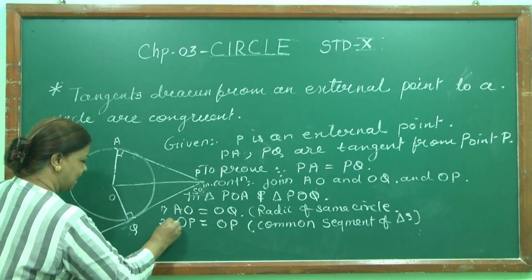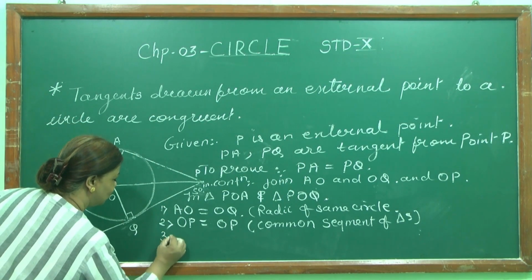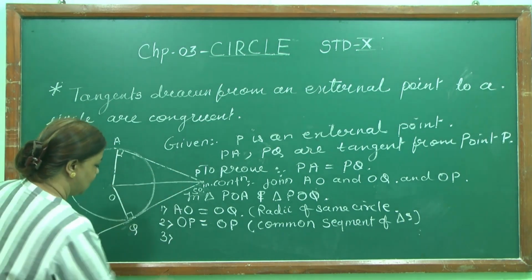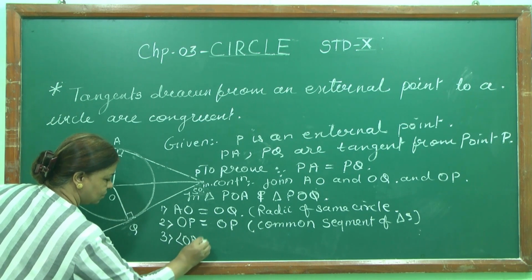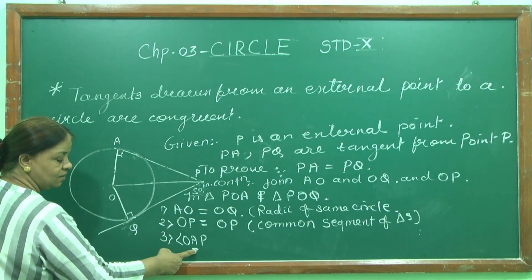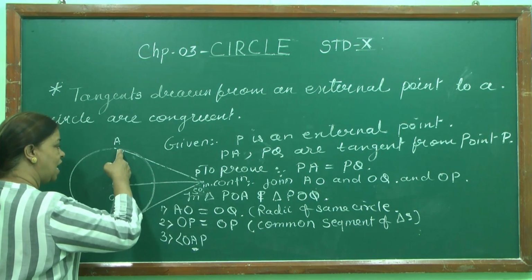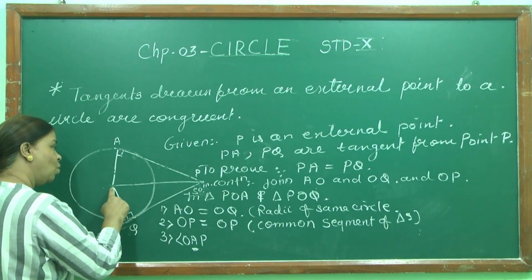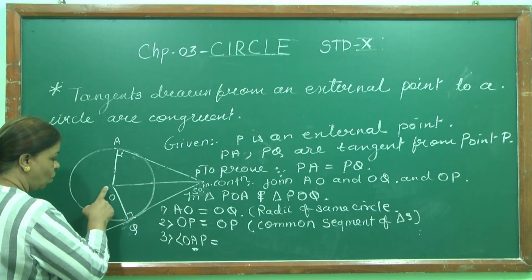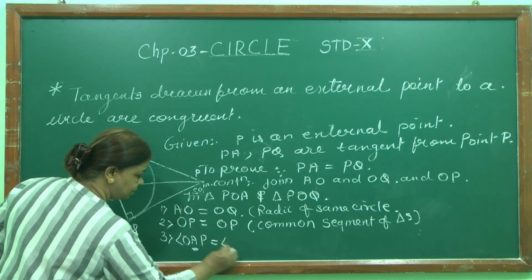First point, second point. Now the third point, angle OAP. See, I am on A, so A should come in the middle. I can start from PAO or I can start from OAP. OAP is equal to OQP.